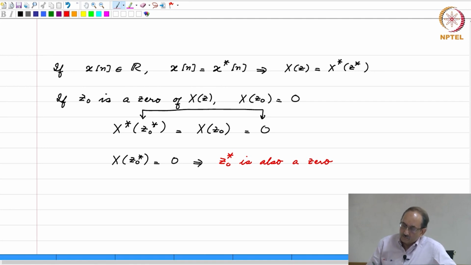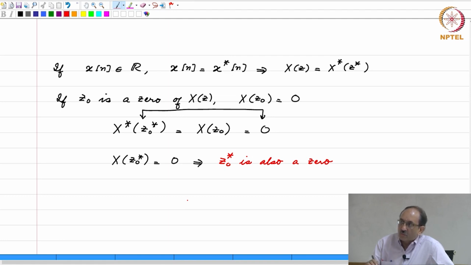Therefore, if the sequence is real valued, its Z transform will have poles and zeros that are complex conjugates of each other. So, this argument applies also for poles as well, because you can write x of z as p of z over q of z, and this is the same as p star of z star over q star of z star.